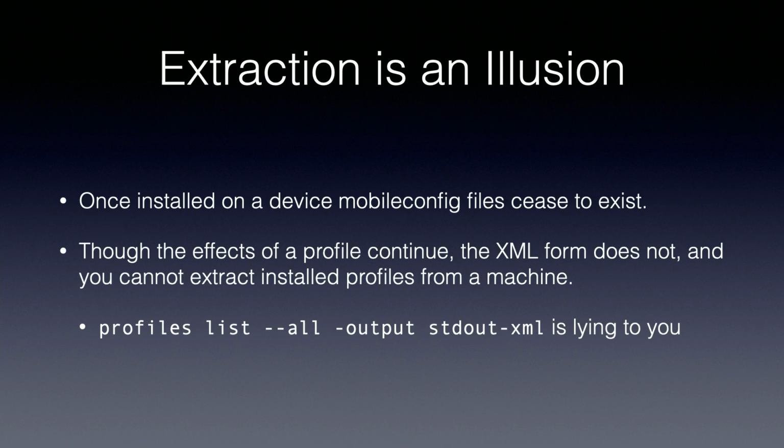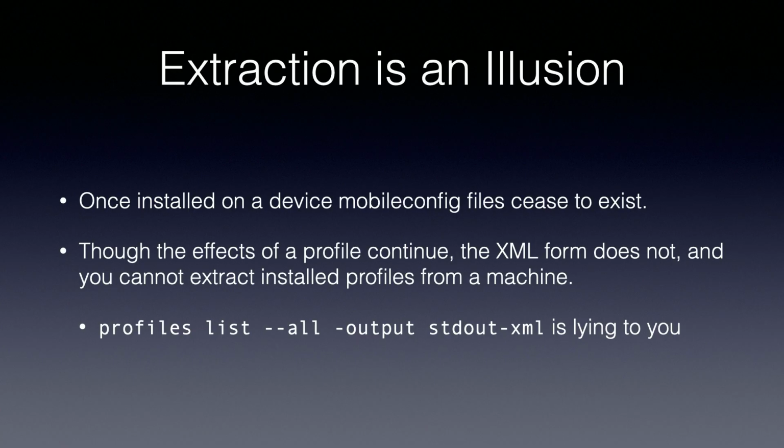Similarly, configuration profiles are XML when they are at rest or in storage somewhere. When they are in transit or in use on a device, they essentially cease to exist in that form. They do get written to certain databases, such as system configuration.